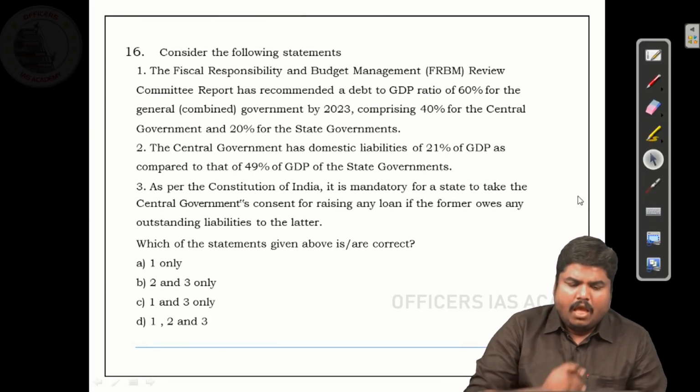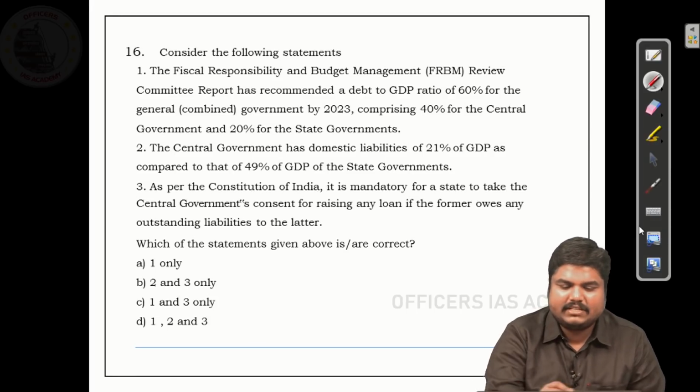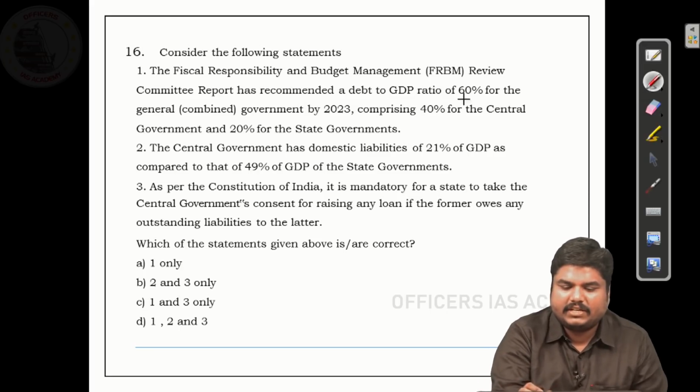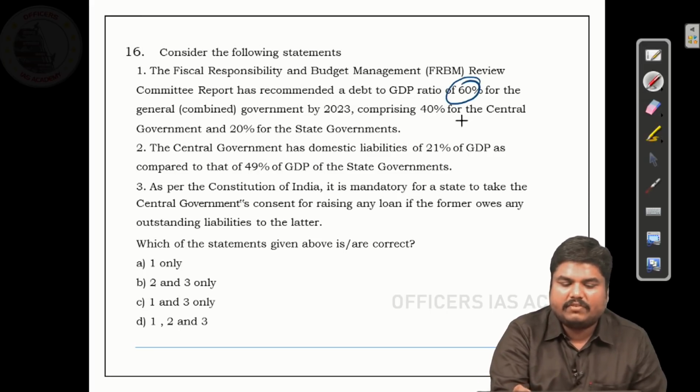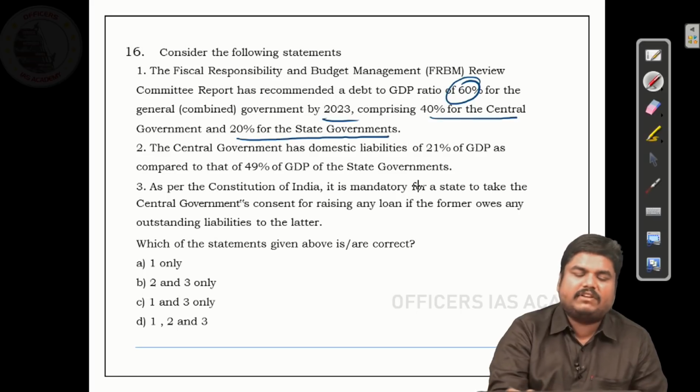16th question. This is a UPSC question, 2018 UPSC question. So, the FRBM review committee headed by N.K. Singh has recommended to reduce the debt to GDP ratio to 60% for the general government by 2023, comprising 40% from the central government and 20% from the state government.